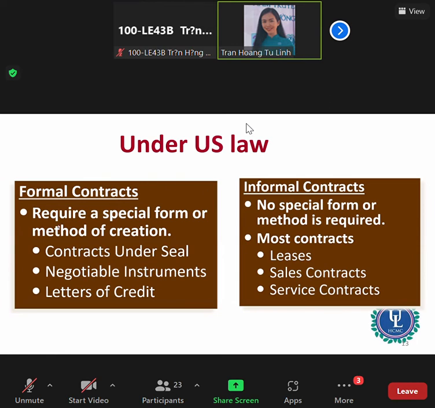Okay, so what are formal contracts? How would you understand this? Maybe you can give me an example, based on what you have read on the definition, or the knowledge that you might have had before coming to the class. So how should we understand the concept of formal contract?